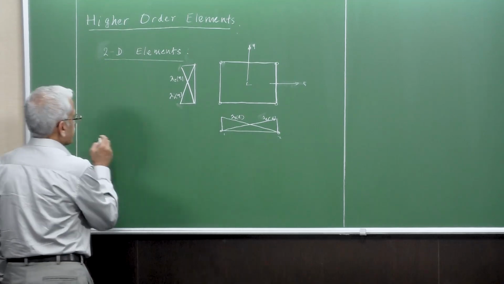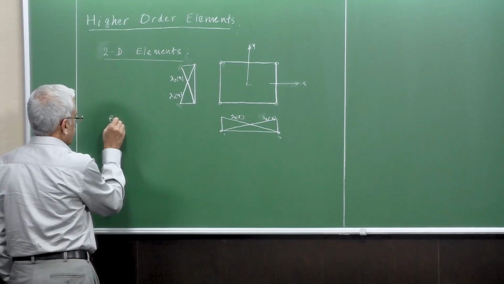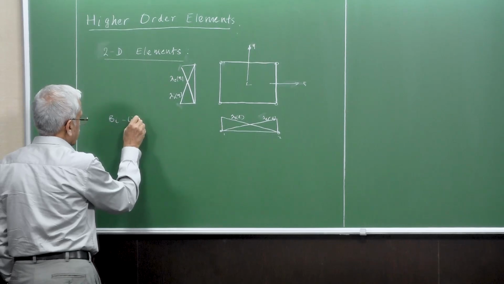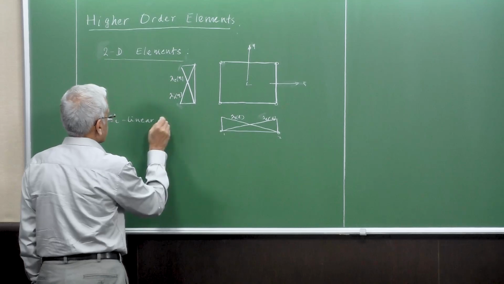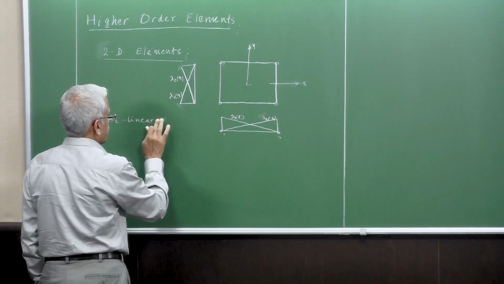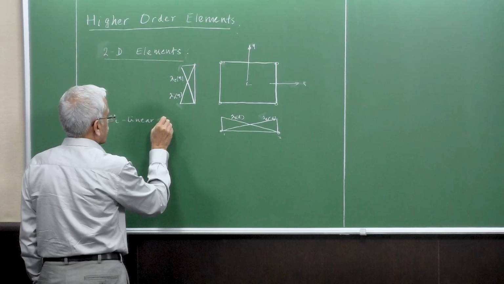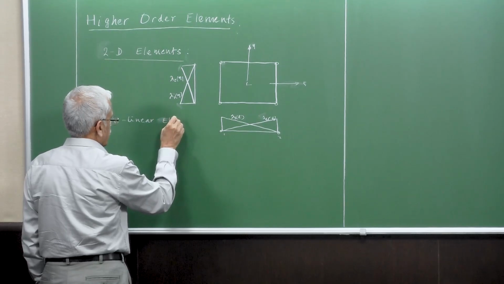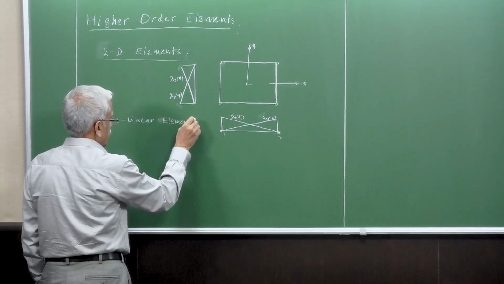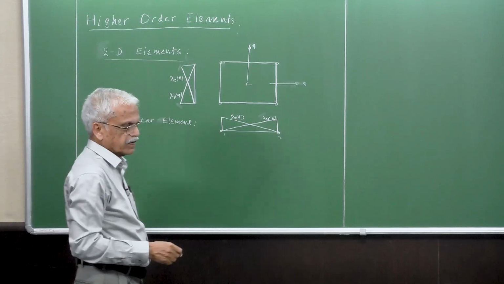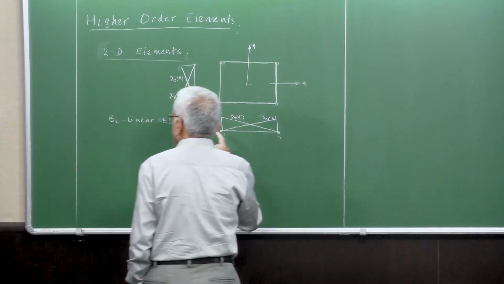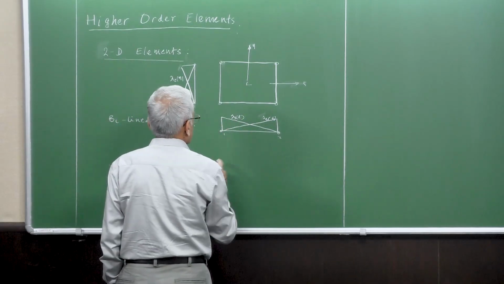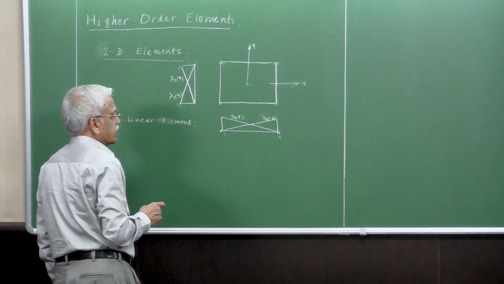We combine them and we call it a bilinear element, a rectangular element, in the sense that we have taken the linear Lagrangian polynomials in x and y direction. So we take the product of these.